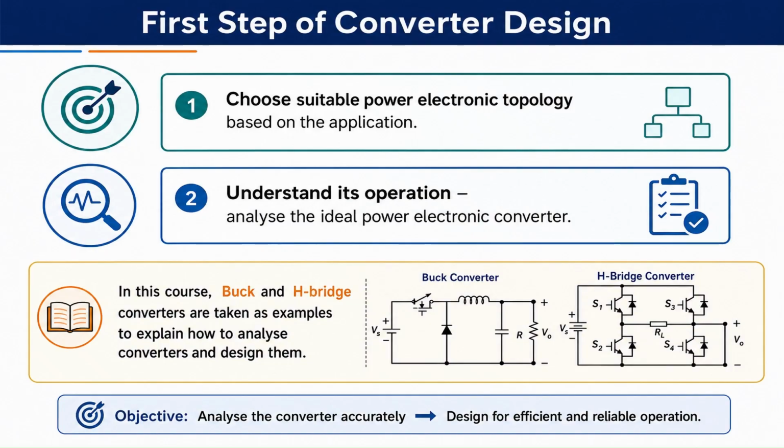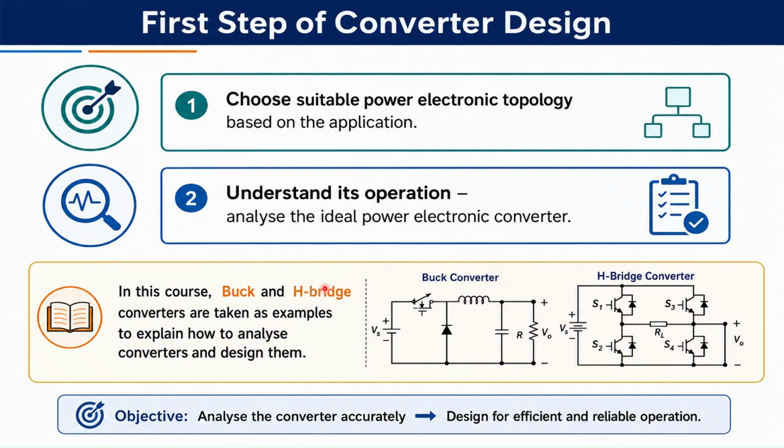When you design a converter, the first step is to choose a suitable power electronic topology. Based on the application, you have to choose the proper topology. Then the next step is to understand its operation, and to identify which ideal power electronic converter is used for the particular application.